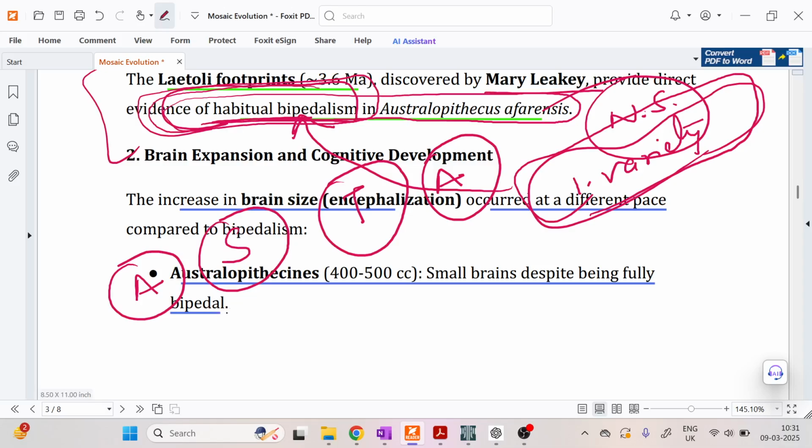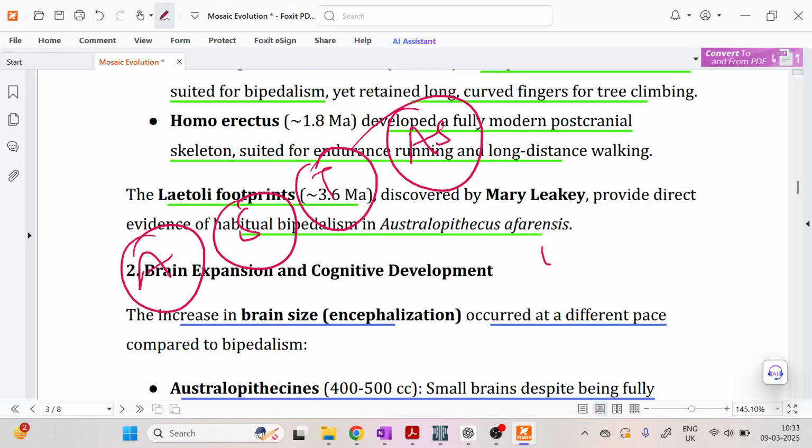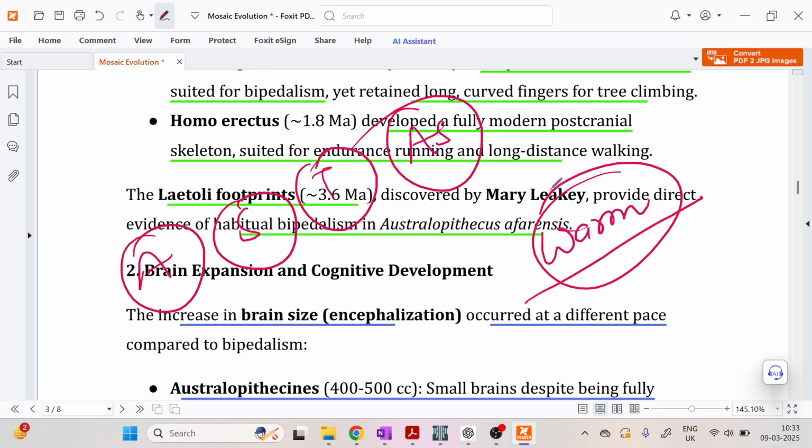Now these four species were existing. Now, natural selection, which in other words can be called environmental pressure. So all these species were coexisting contemporarily, especially during the time when the atmosphere was gradually moving into a warm phase, and because of that we have the condition of open grasslands.